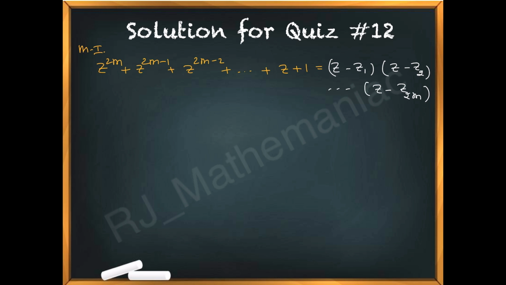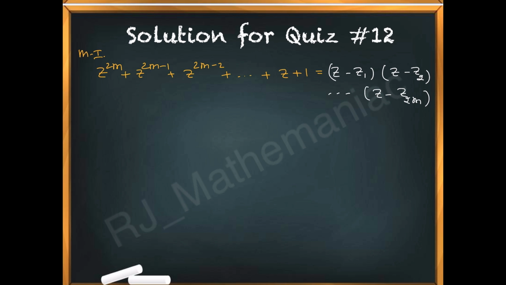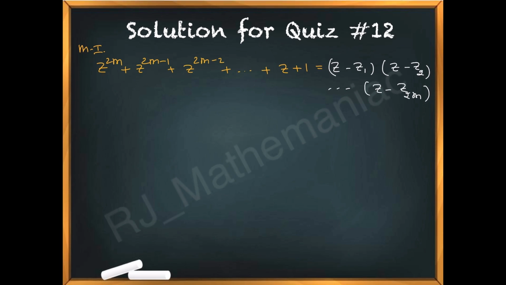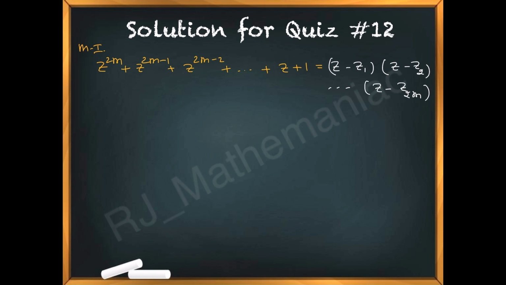Now, if I observe what is needed, we need to find this, and in the equation we have written the factors as a product. So two things we have to do: first, they should be in the denominator, and second, they should be in a summation. For the summation, I can use one approach, which is to take the log. Right now I'm calling this t.